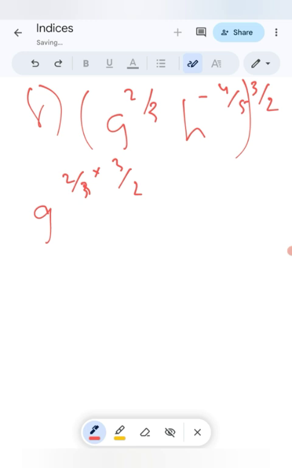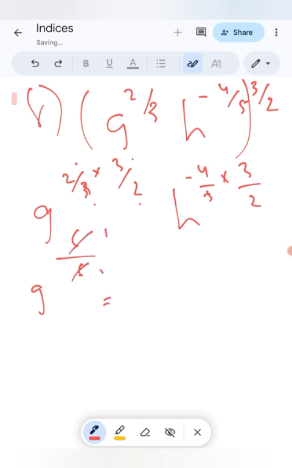And here in this case H minus 4 upon 5 is being multiplied with 3 upon 2. Always remember, when we are multiplying out the fractions, the numerator is solved with the numerator, denominator with denominator. So G 3 2s are your 6 and 2 3s are going to be your 6. So 6 1s are 6 1s are, G raised to the power 1 is your simplification for your G.